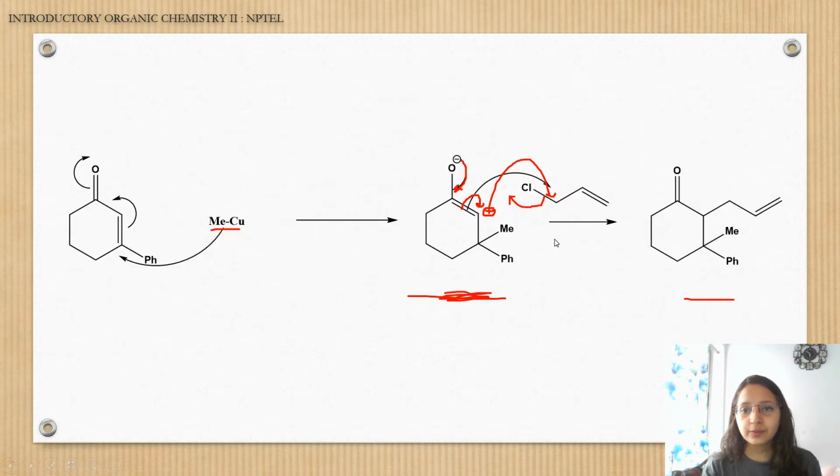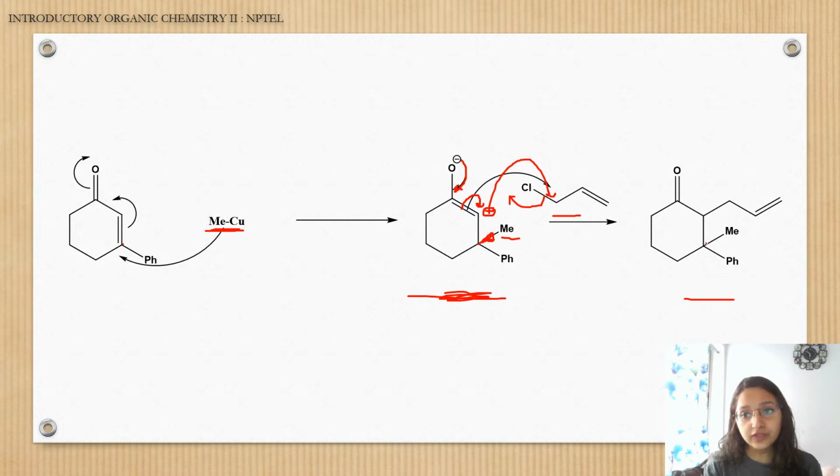So now for the stereochemistry, you have to look at this particular thing. First of all, what we are doing here is the methyl will attack at this carbon. Now, if the methyl is present above the plane, then the second nucleophile, which is now attacking here, the stereochemistry of that center will be trans because of the steric hindrance.